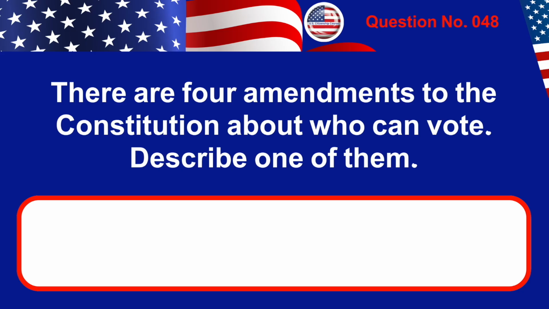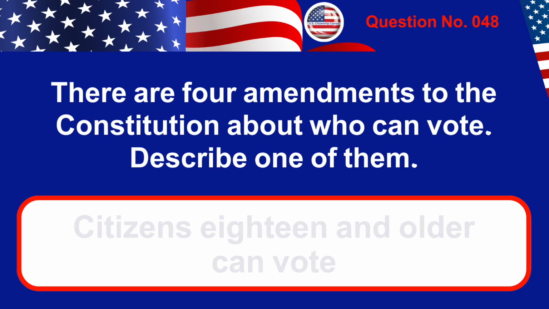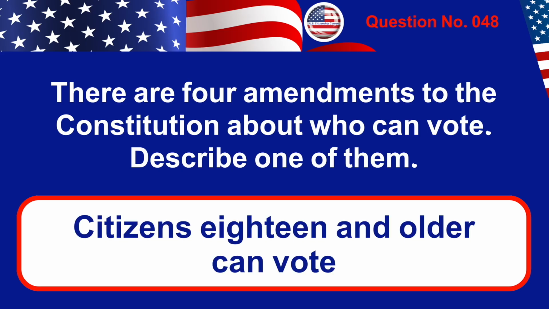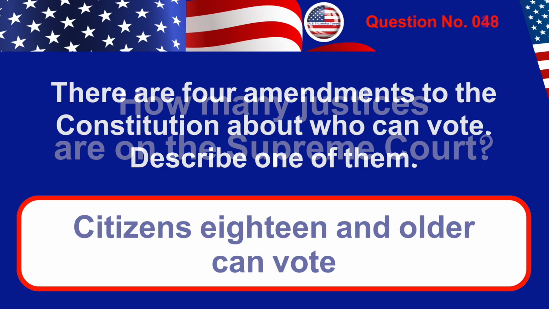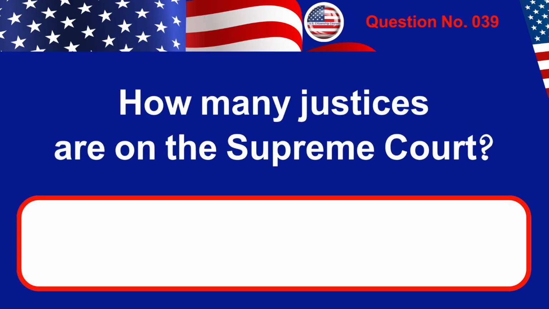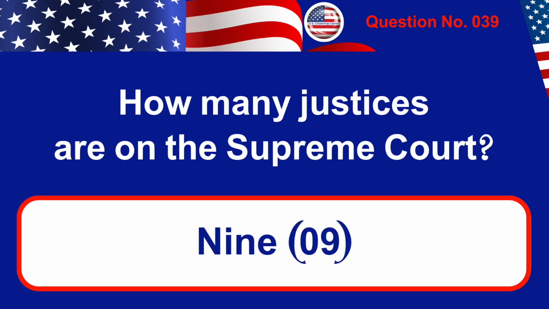There are 4 amendments to the Constitution about who can vote. Describe one of them. Citizens 18 and older can vote. How many justices are on the Supreme Court? 9.